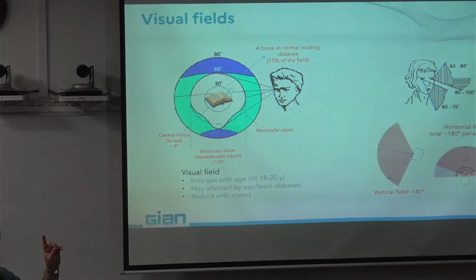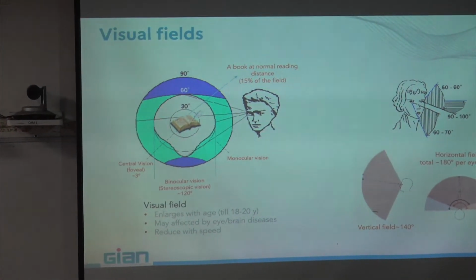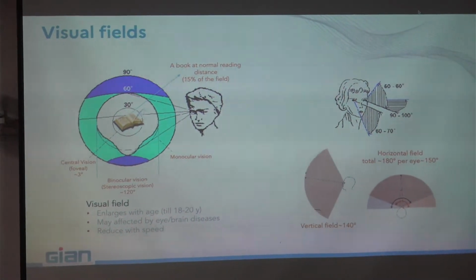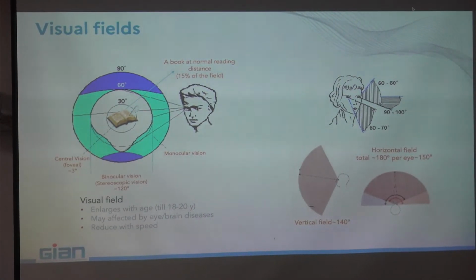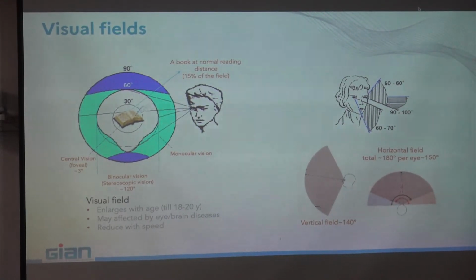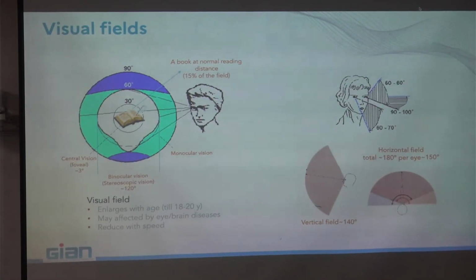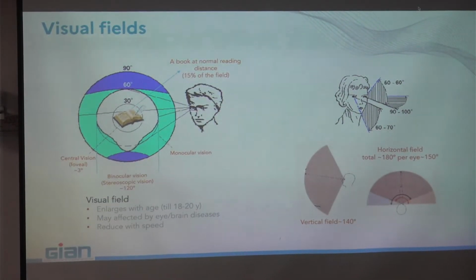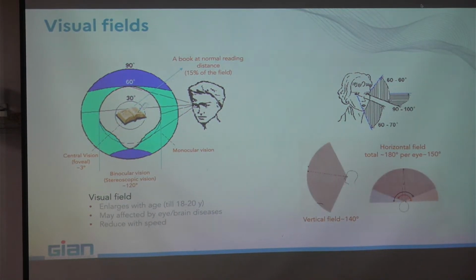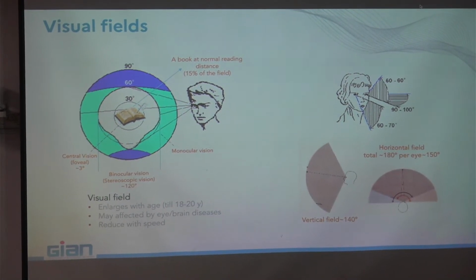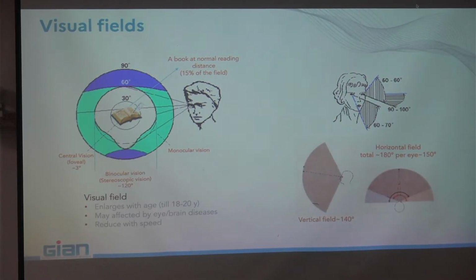However, the visual field we discuss here changes with age. It changes, of course, if you have any brain or neurodegenerative diseases, but it also changes with speed of motion. Normally, as I told you, it changes with age.